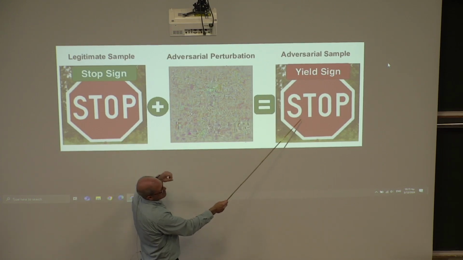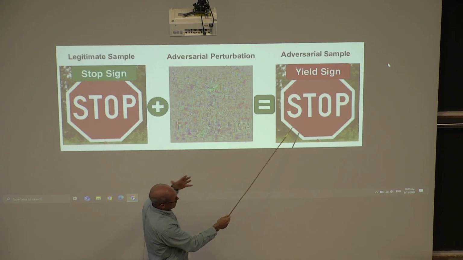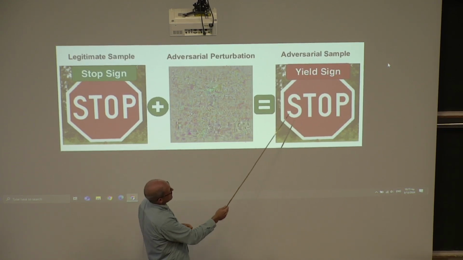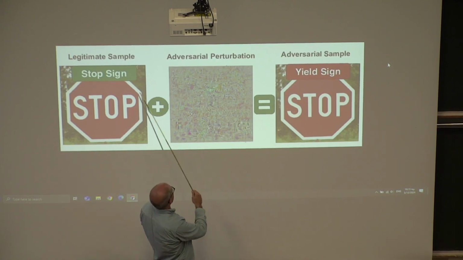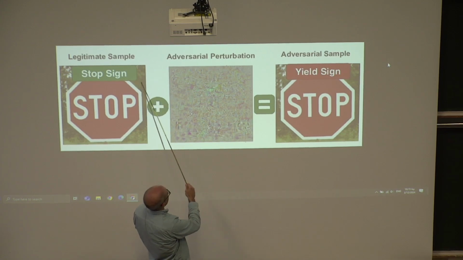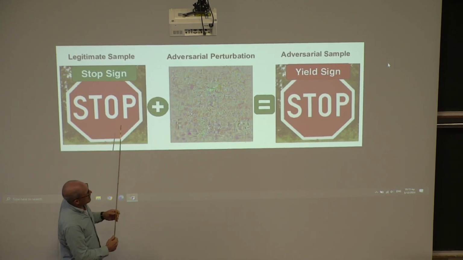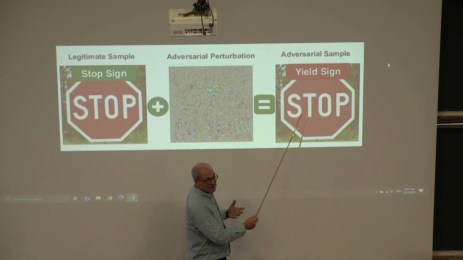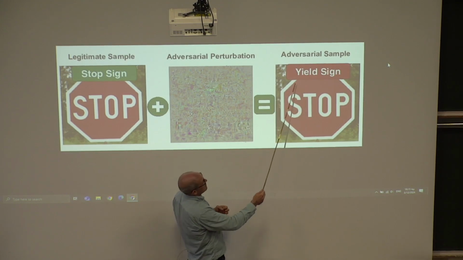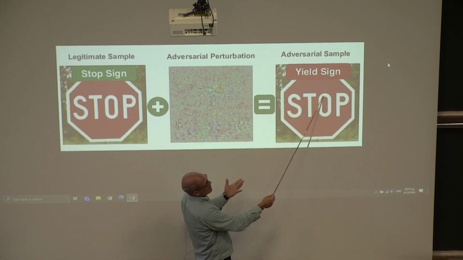I don't know whether this is fake or not, but in real life, when you don't defend against adversarial attacks, the new image by human eye is not discernible from the original image. But if you feed it into a neural network which does not defend against adversarial attacks, this would now recommend a yield instead of a stop sign.